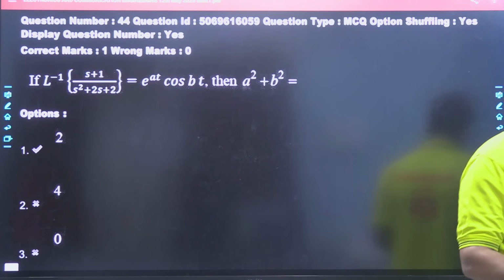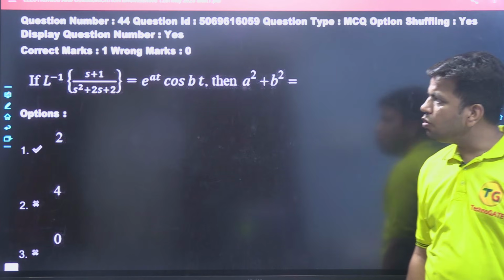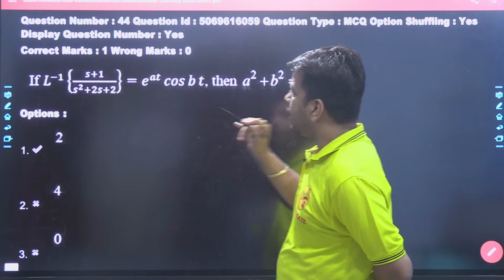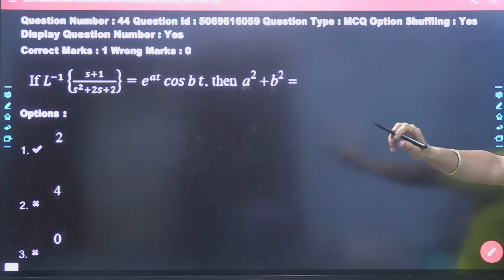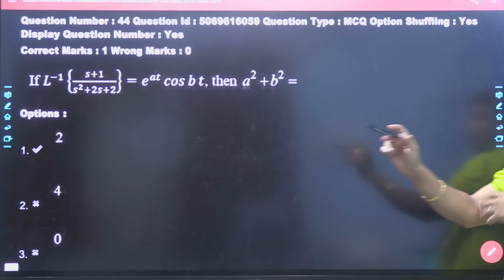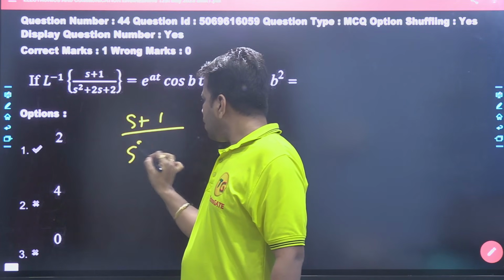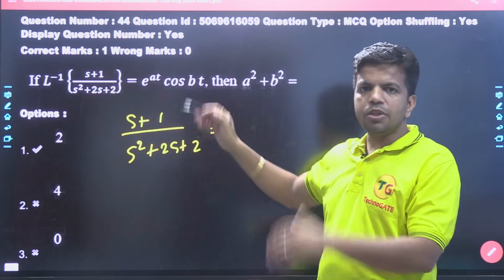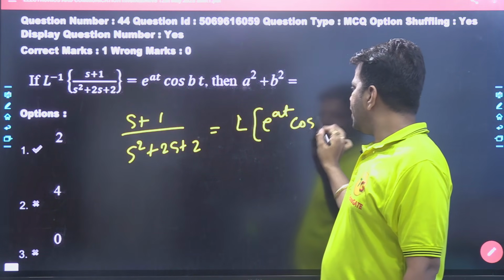Now next, question number 44. We need to find the Laplace inverse of s plus 1 upon s square plus 2s plus 2, and you need to compare that with e^(at) cos bt. Here we can apply the formula directly. Sending the Laplace inverse to the right side, this is the Laplace of e raised to at cos bt.